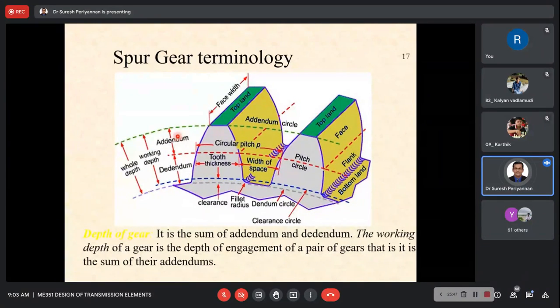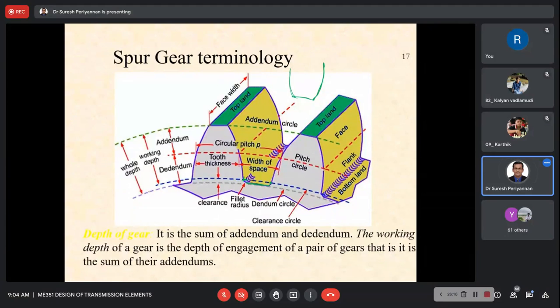But working depth means the depth while engaged. When the other teeth are going to be engaged here, during that time it should not touch this surface. Then wear and tear will be more.